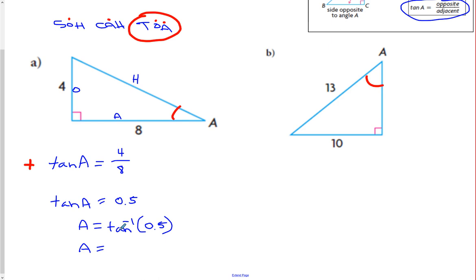So I'm going to hit my second function, my tangent inverse button. I'm going to type in 0.5, and I'm going to round it off to the nearest degree. Looks to me like it's 27 degrees. So I'd like you please to make sure you can get 27 on your calculator. That way you'll know you're punching it in correctly.